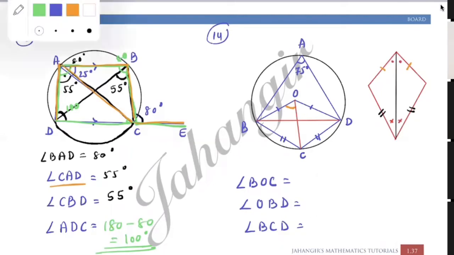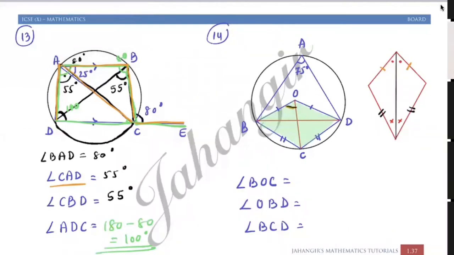So here we can say ODCB is a kite because its adjacent sides are equal. OB is equal to OD, radii of same circle. BC is equal to CD, given part.